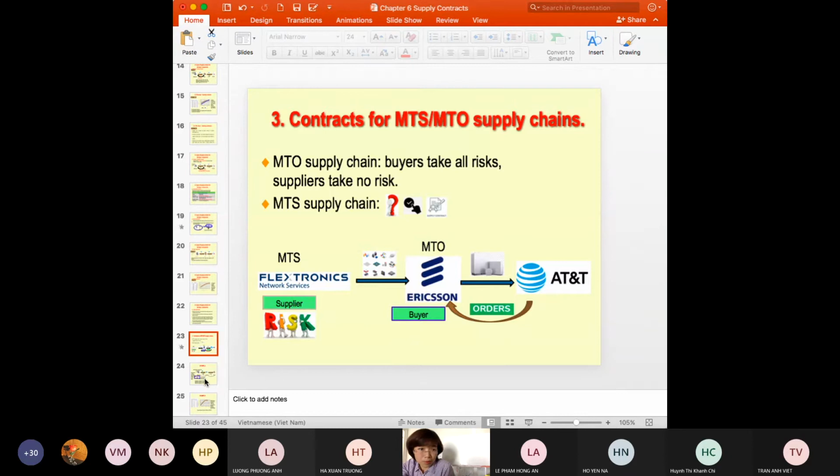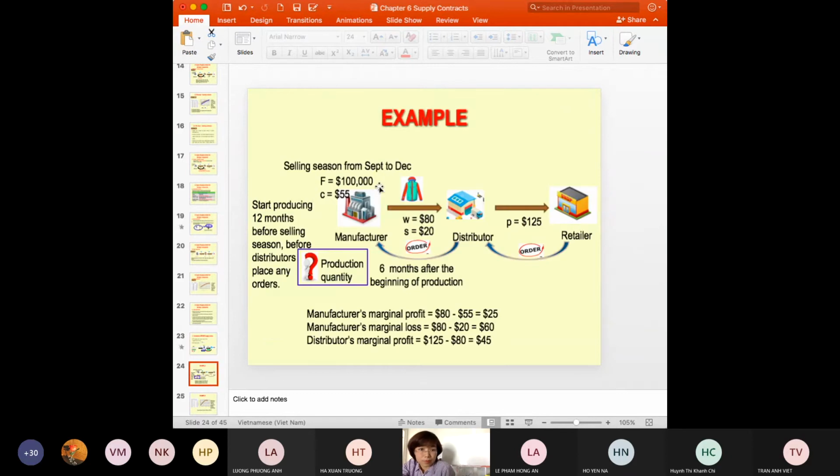So, to give you an example, the selling season is from September to December. The manufacturer starts production 12 months before the selling season, before the distributor places any order.